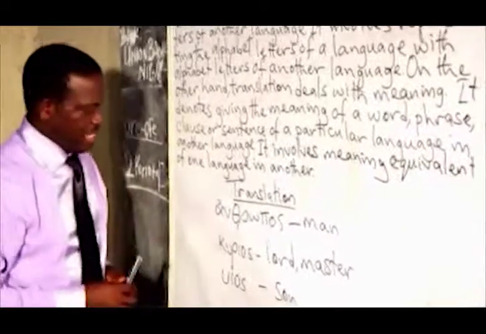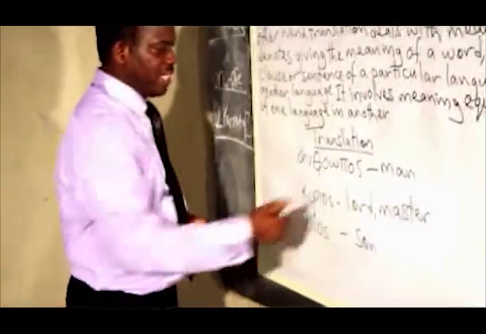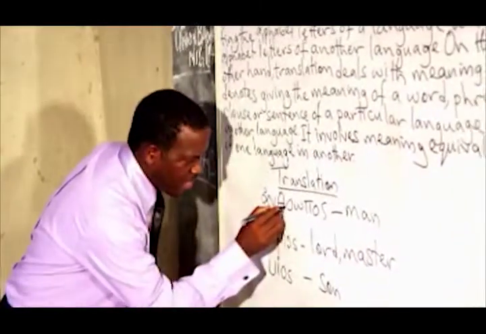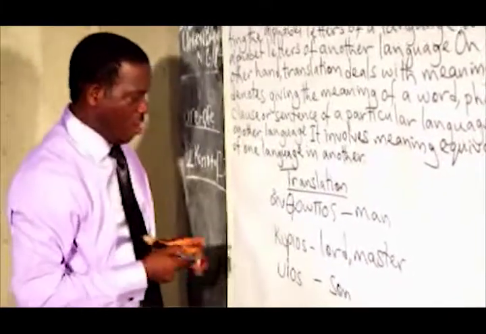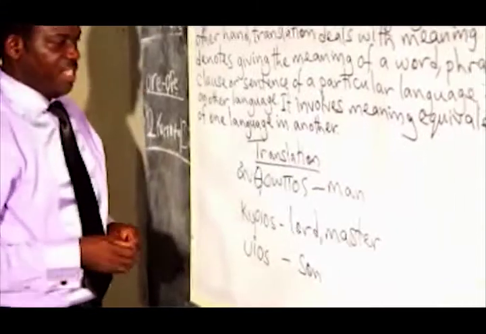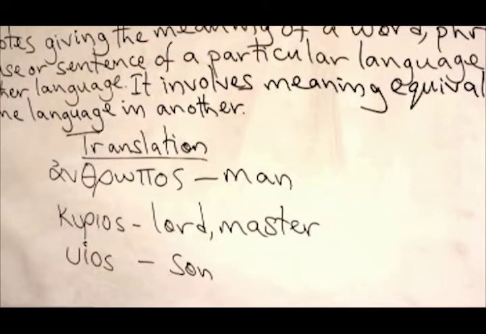And we have the examples for these two words. The first one we're going to take is translation, which deals with meaning. Here we have the Greek word anthropos. The English meaning of anthropos is man. So when the Greek people use anthropos, they are referring to man. So in English, it means man.